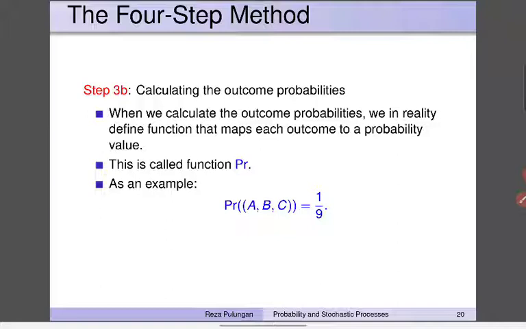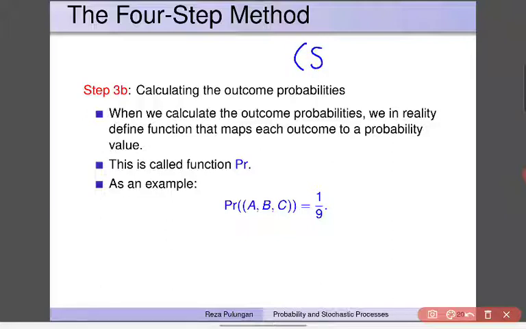Okay. Now when we calculate the outcome probabilities, we are in reality defining the function that maps each outcome to a probability value, and this is what we call the probability function. This is the second component of our probability space.